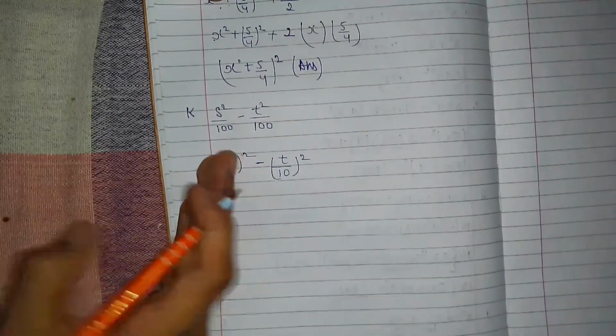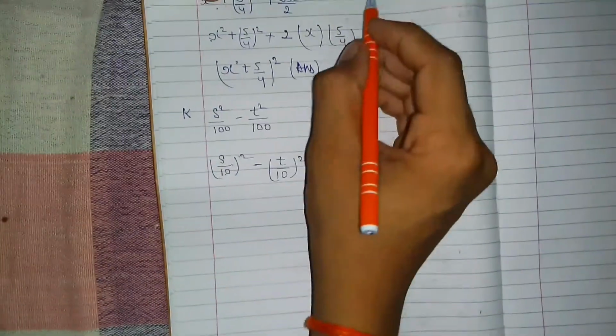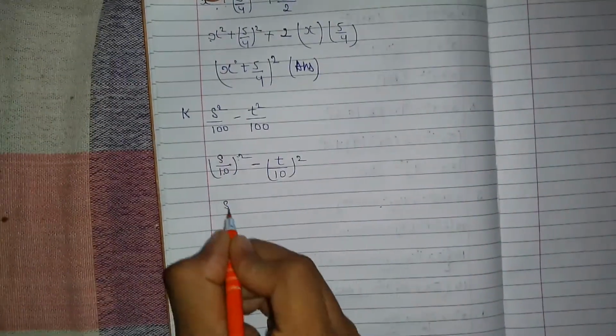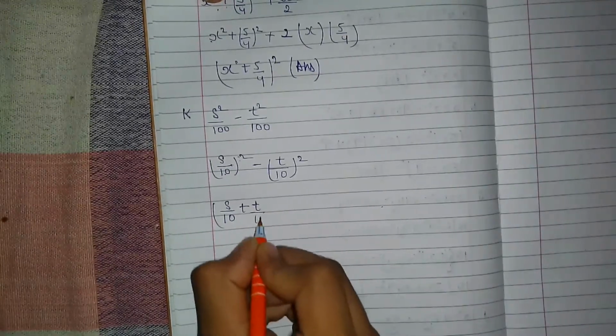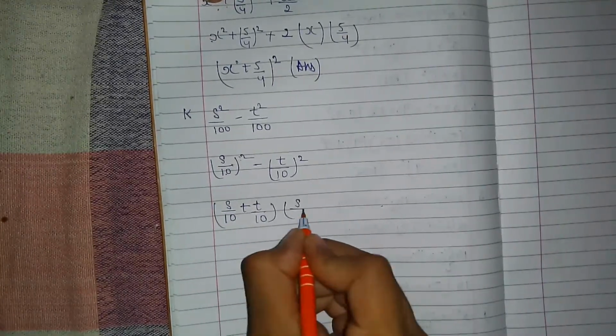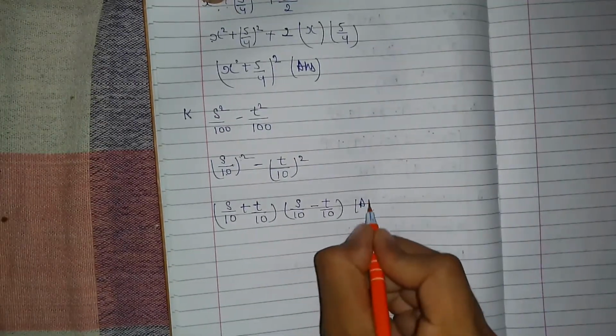Now it is in the form of a square minus b square, so we apply the formula: s by 10 plus t by 10 into s by 10 minus t by 10. So this is the perfect answer.